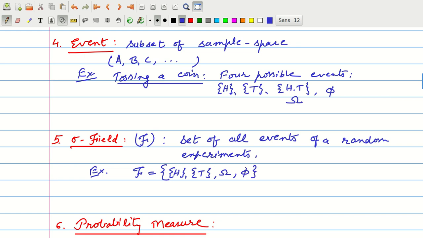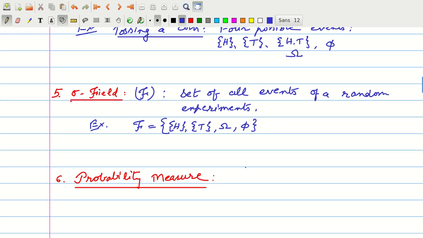So there are 4 elements or 4 subsets in this sigma field. One important point to note about sigma field is that because we have defined it to be the set of all events of the random experiment and only events can be assigned probabilities, as we shall discuss in some later module, then every element of the sigma field can be assigned a probability.